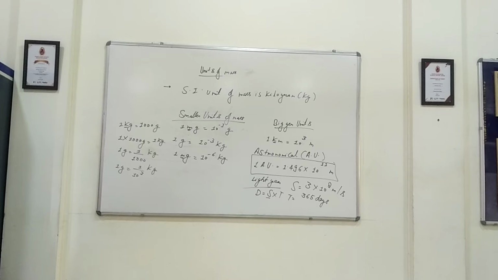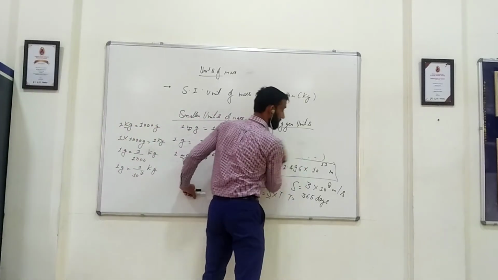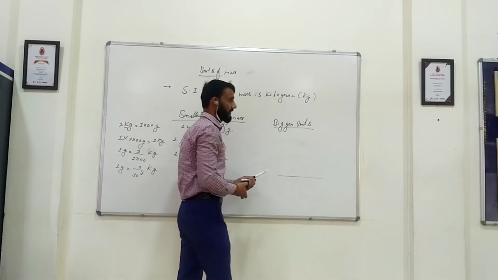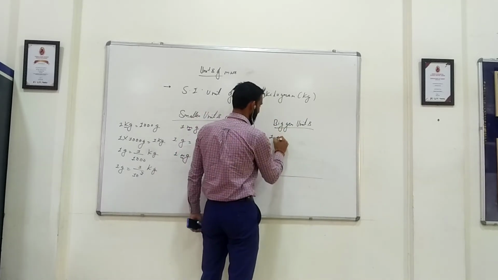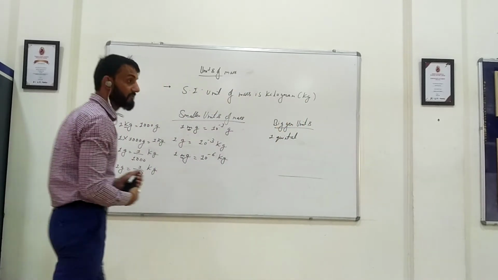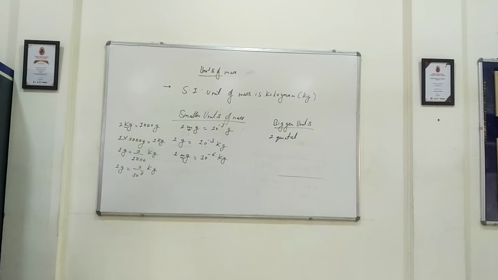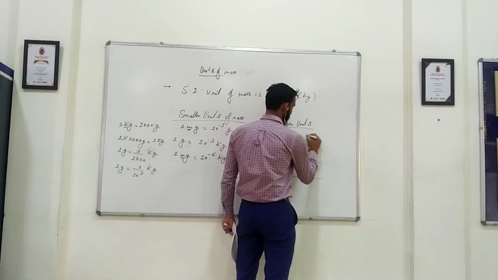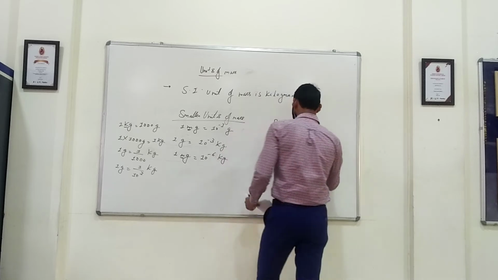Now the bigger units of mass. First is quintal. So kg is already there. 1 quintal is equal to 100 kg, right?